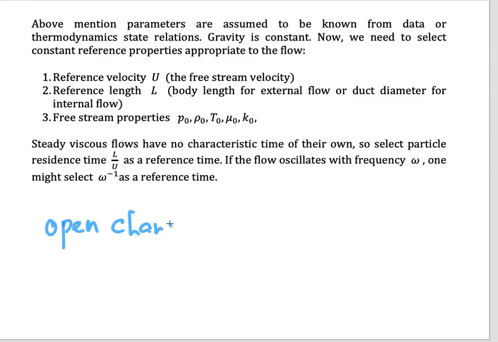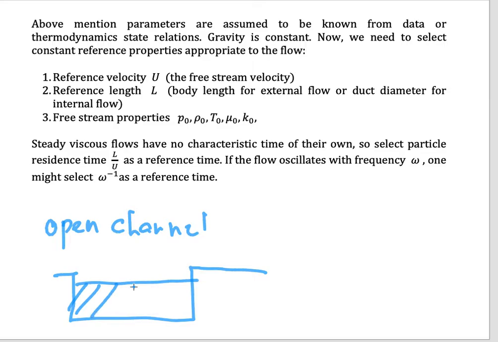Open channel means we have a conduit like this. Sometimes the shape of the conduit is rectangular. For sure, in a rectangle there is no radius. So to reflect the importance of the geometry, they use the idea of hydraulic radius.